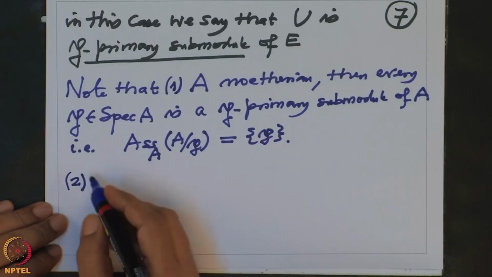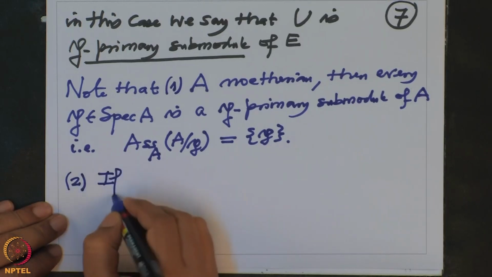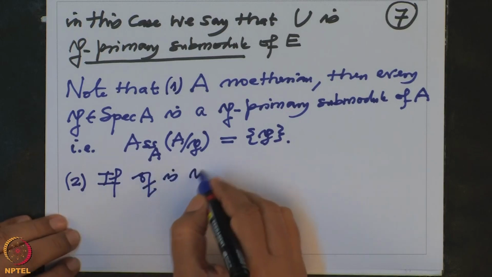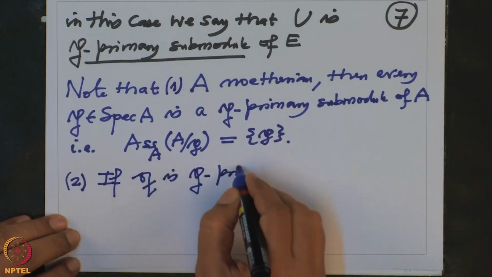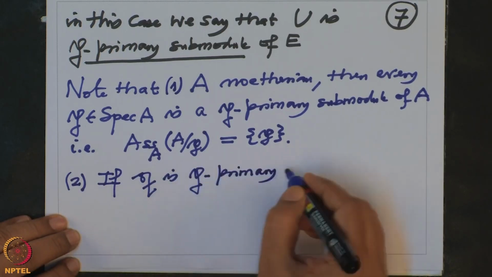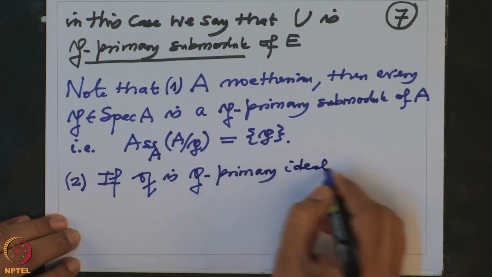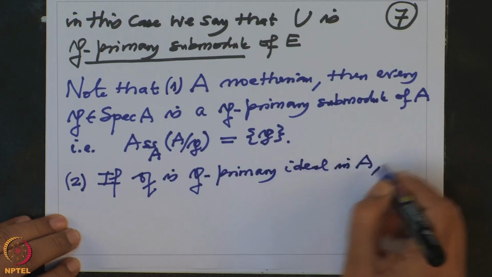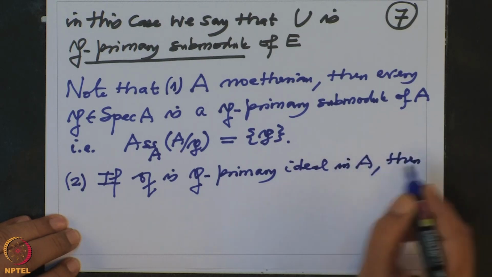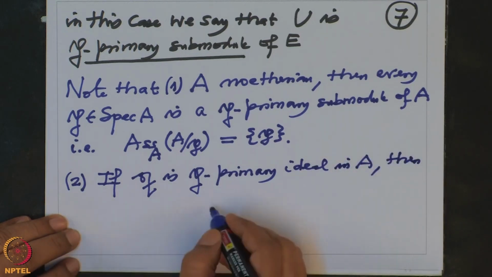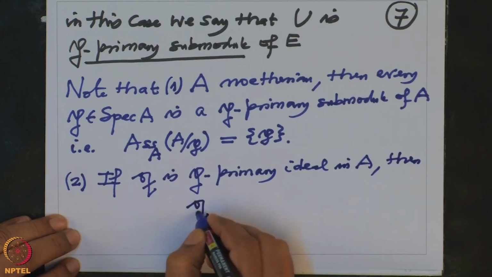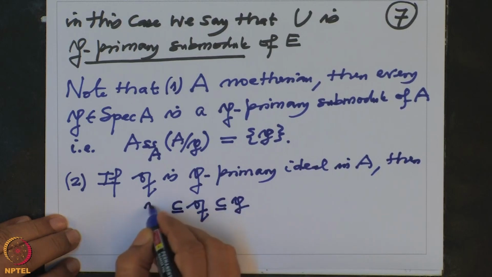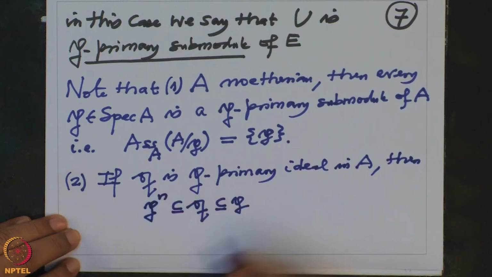So if Q is a P-primary ideal, now instead of saying submodule we will say ideal in A, then obviously Q will be contained in P, and Q will contain a power of P for some n.